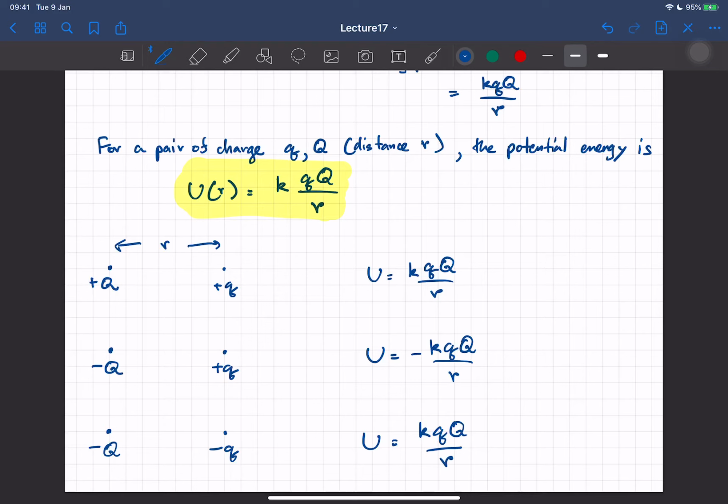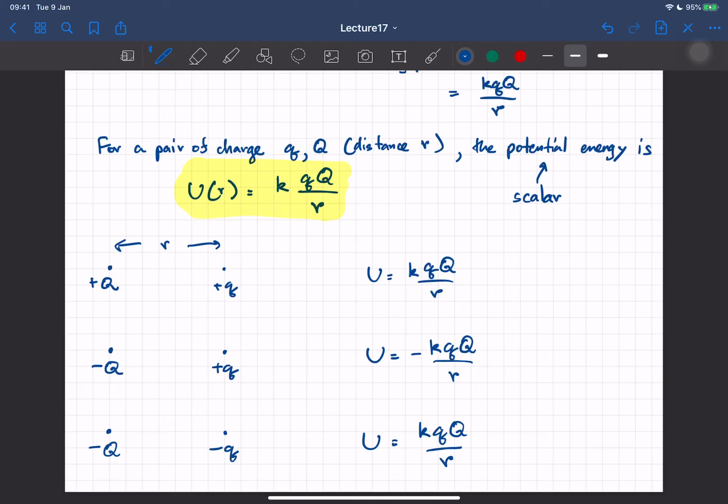And the other thing is U, which is potential energy. This is strictly a scalar. So you don't need to worry about direction or anything like that because it's an energy. Energy doesn't have a direction. So in a sense, it's a lot easier to deal with compared to the Coulomb force, which is strictly a vector. This is a scalar, so you don't need to worry about direction at all.